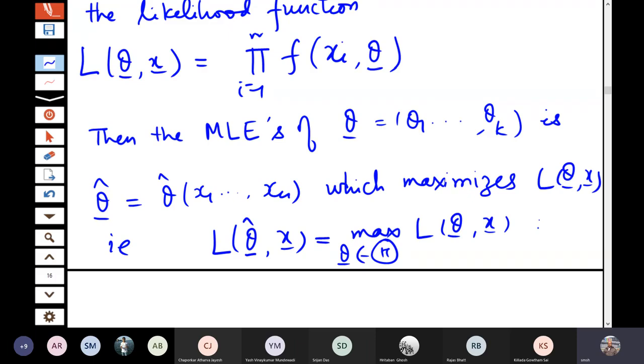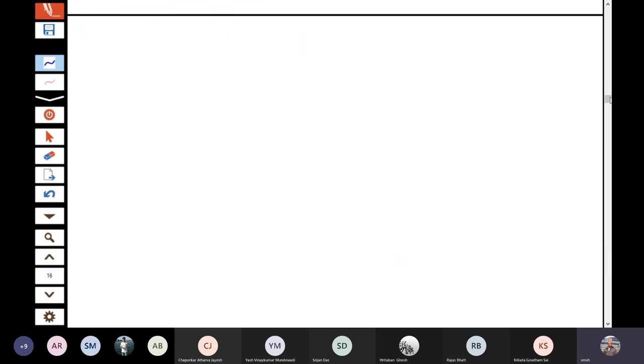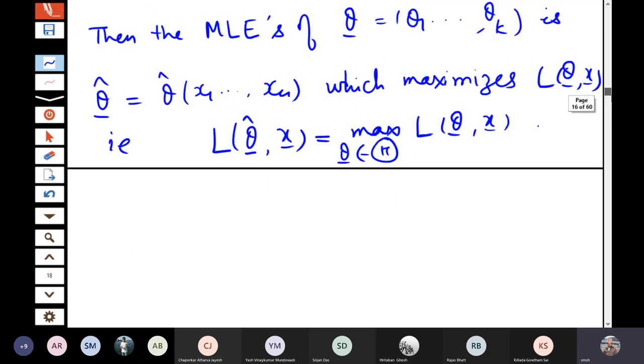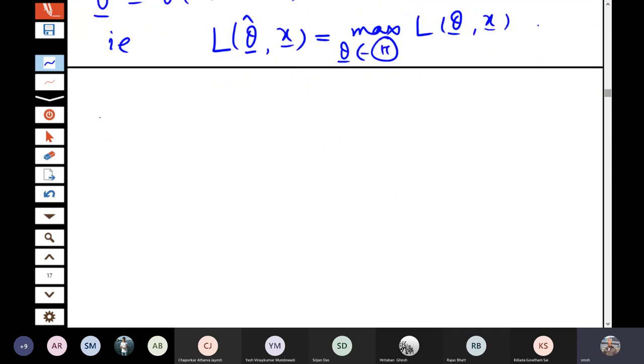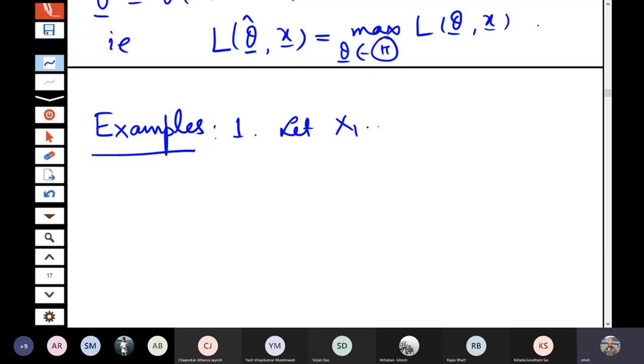So let me start with some examples. This principle has certain solid explanation here. Let us consider, say, x1, x2, xn following uniform (0, theta).